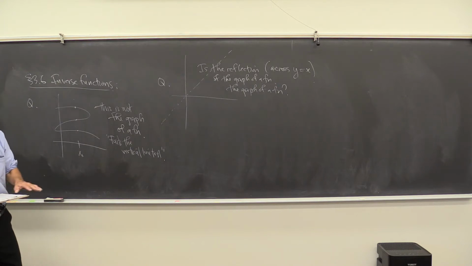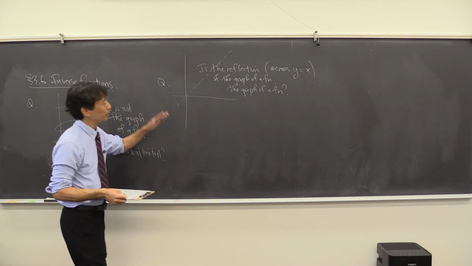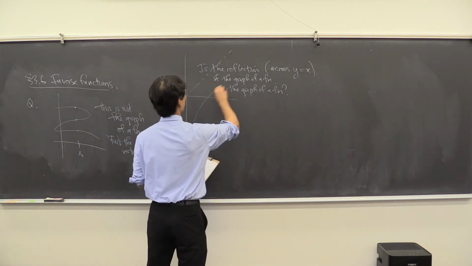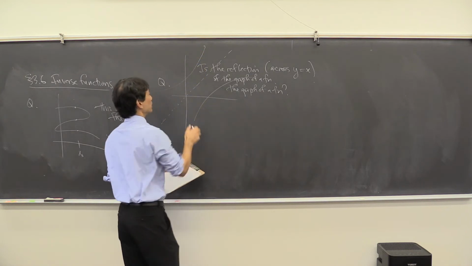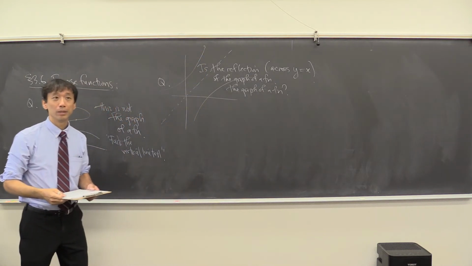You can draw some graphs and reflect them. So if I draw maybe this graph and I reflect it, and it still looks like the graph of a function, right?